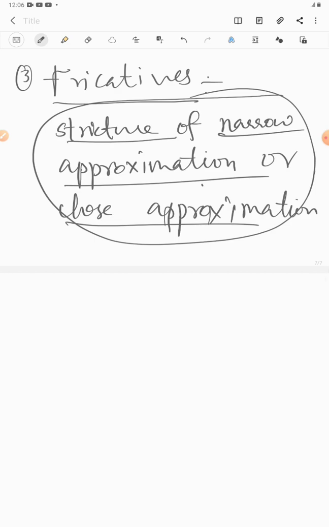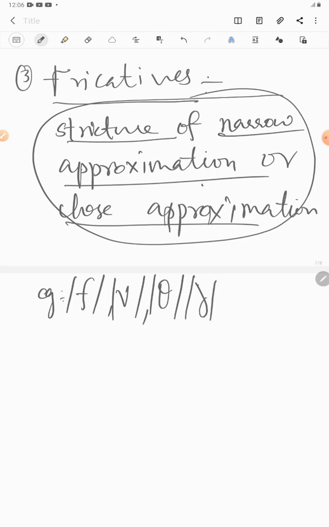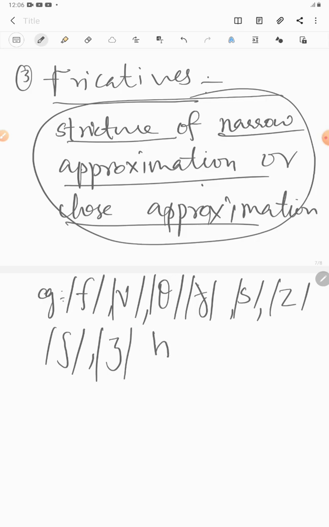And which are the fricative sounds in English? You have 9 fricative sounds in English, and they are f, v, th, the, s, z, sh, zh, and h.